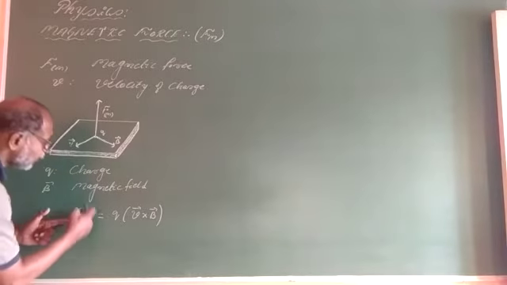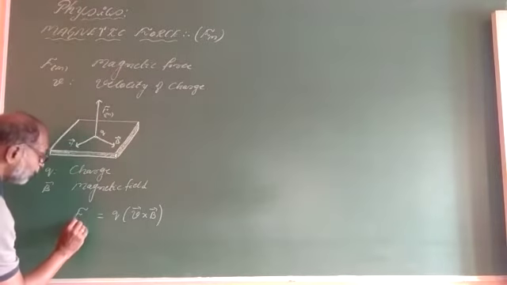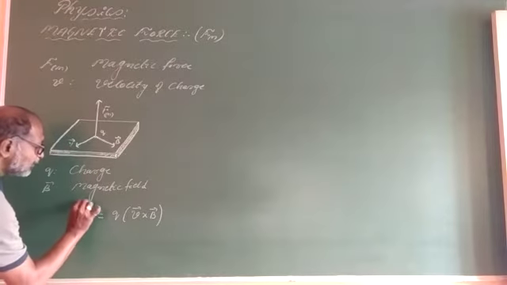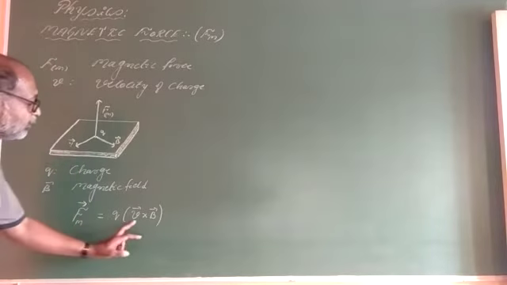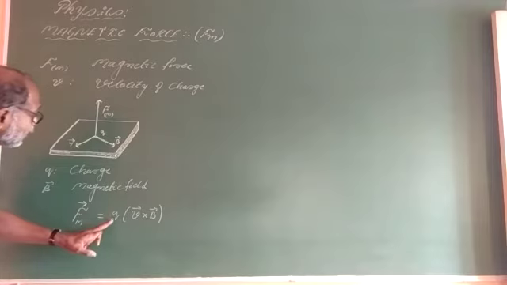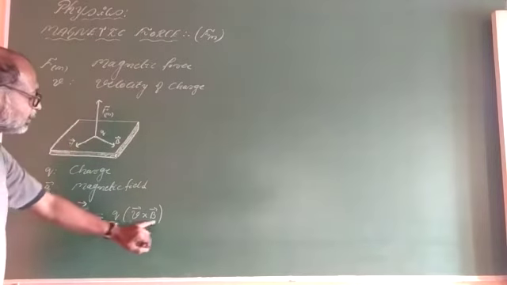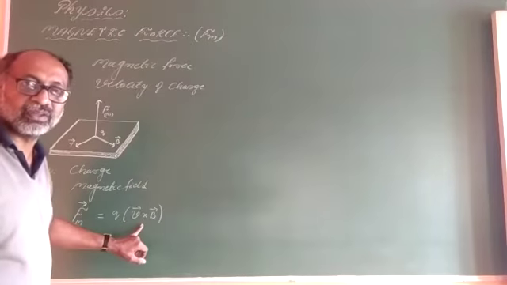So this is the magnetic force, and it is also a vector quantity. So F is equal to Q into V into B, where Q is the charge, V is the velocity of the charge, and B is the magnetic field.